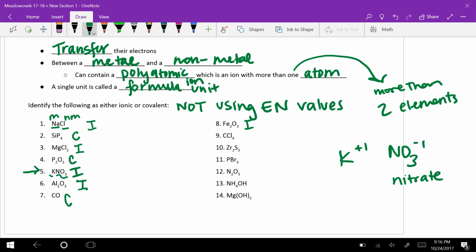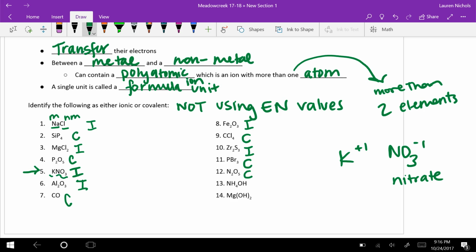Carbon and chlorine are both nonmetals, so it's covalent. Zirconium is a metal, it's in that transition metal area, and sulfur is a nonmetal, so we have ionic. Phosphorus and bromine are both nonmetals, so it's covalent. Nitrogen and oxygen are nonmetals, so we have covalent.